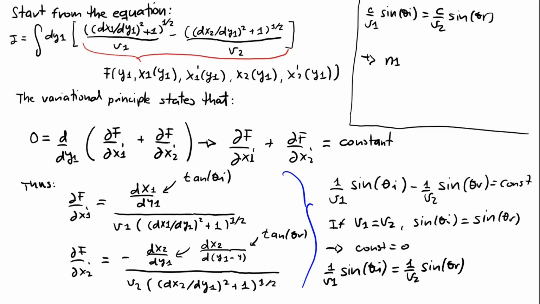Also, remember that n is the refractive index, that is c divided by the speed of light in the medium.